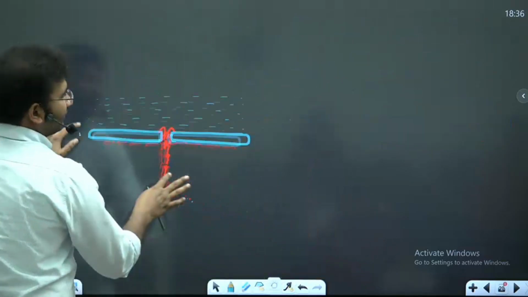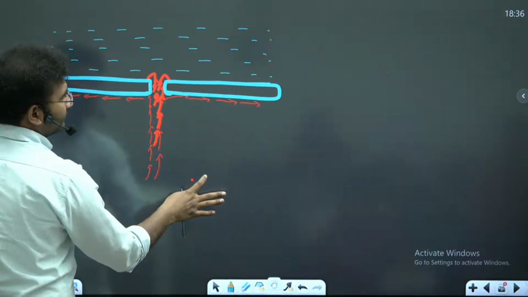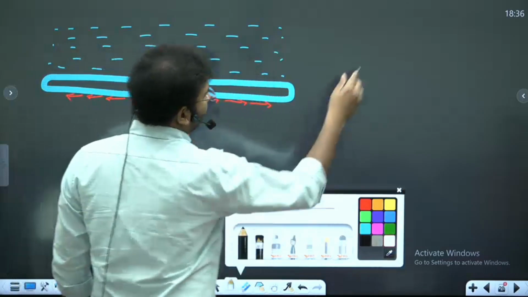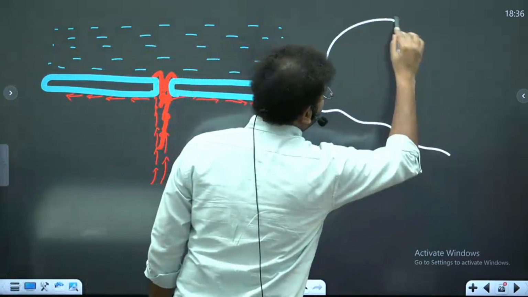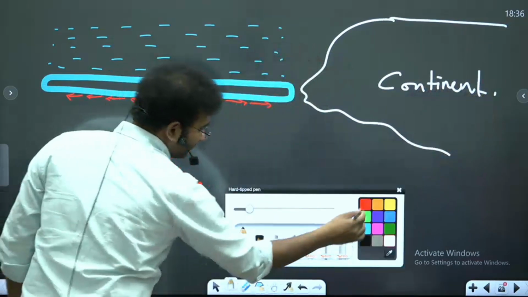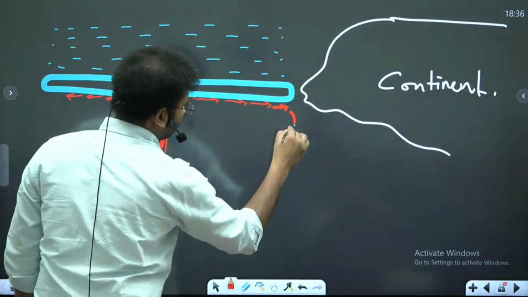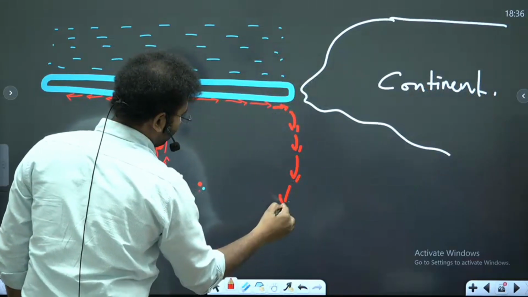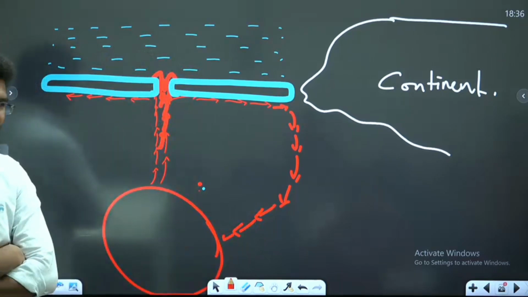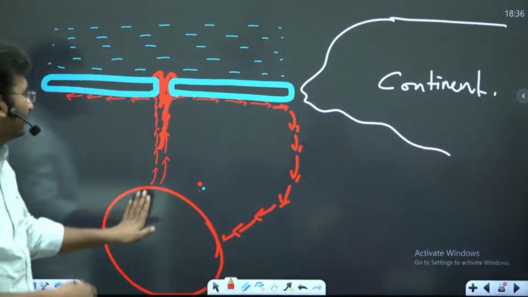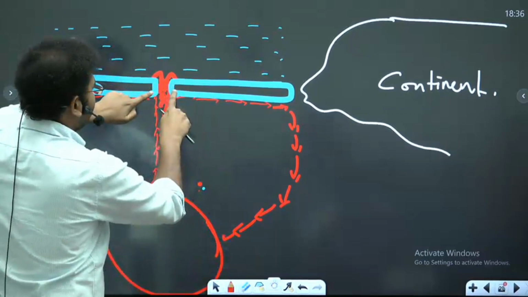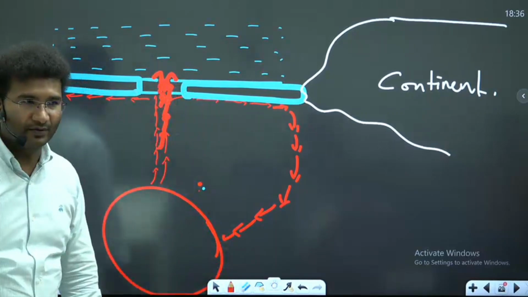I'll make it a little easier for you. Can you imagine this? Okay. From here there is rising limb. That means these continents are getting diverged.